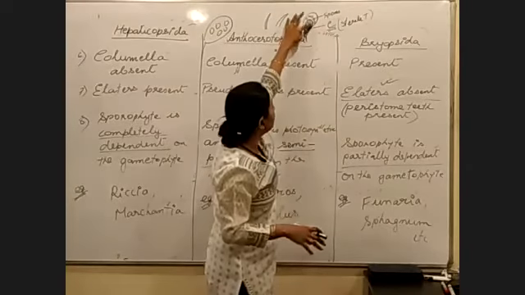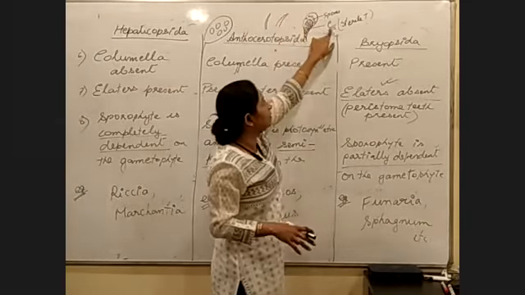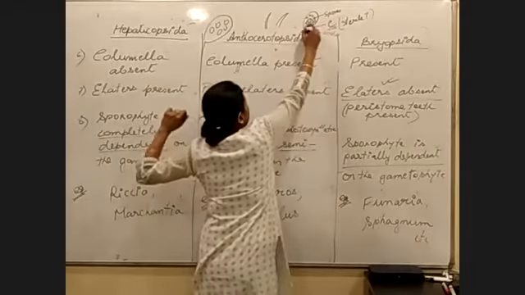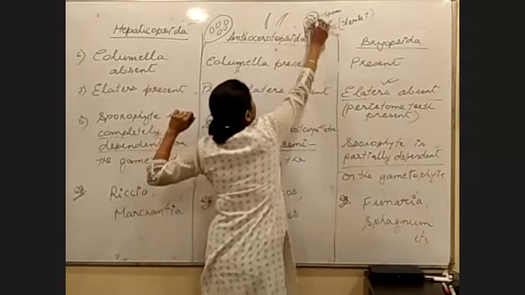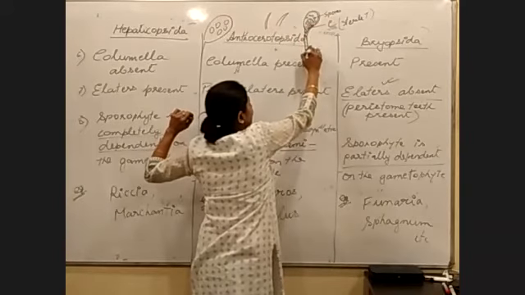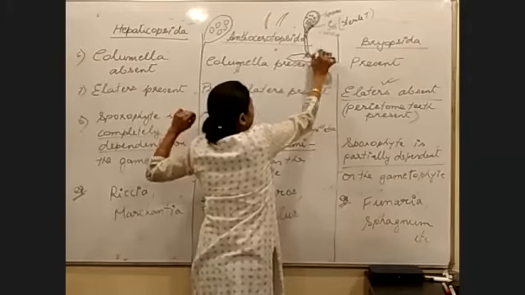This central portion is made of sterile tissues. This portion is called the columella. The columella is a part of the capsule, right? It is connected to the foot, which develops in the gametophyte.